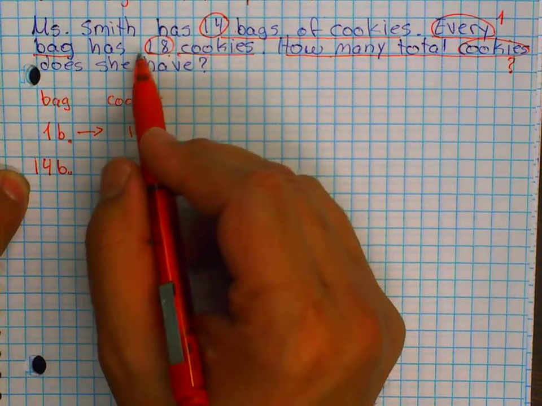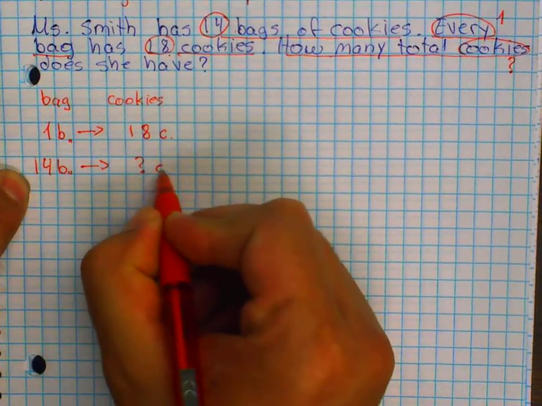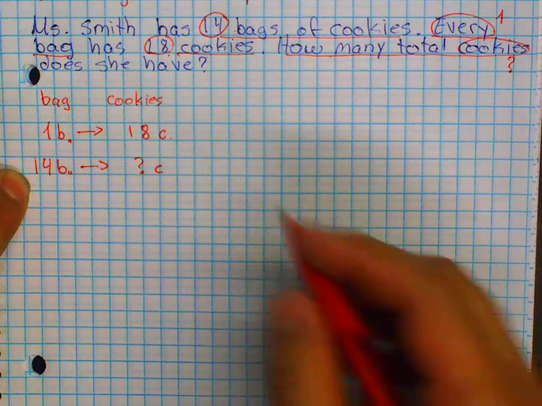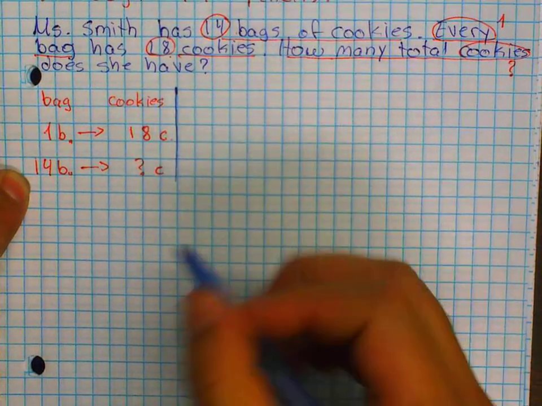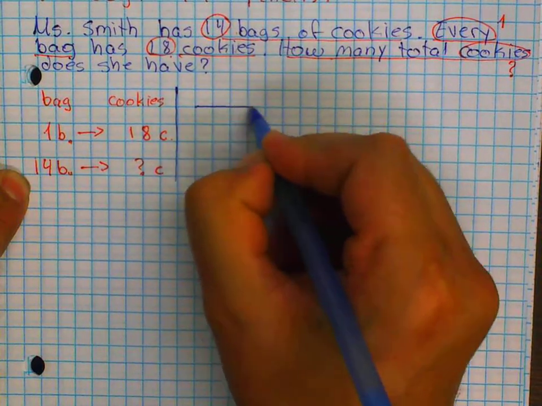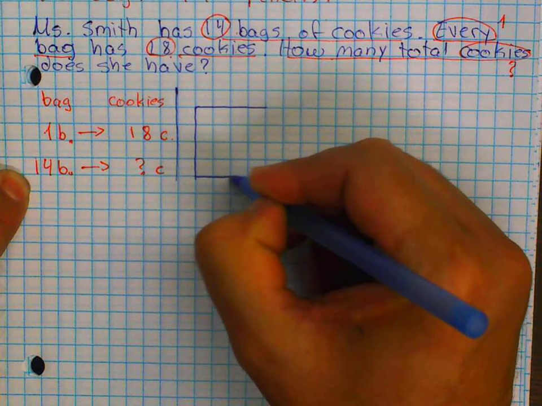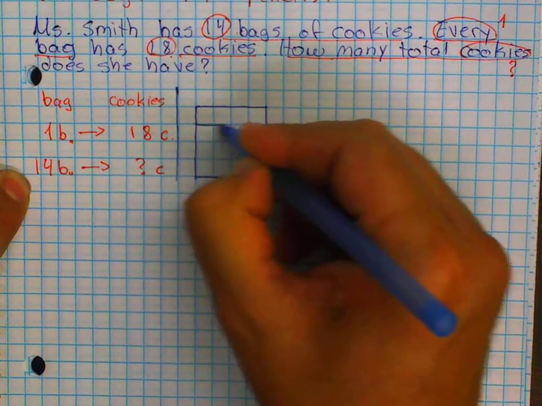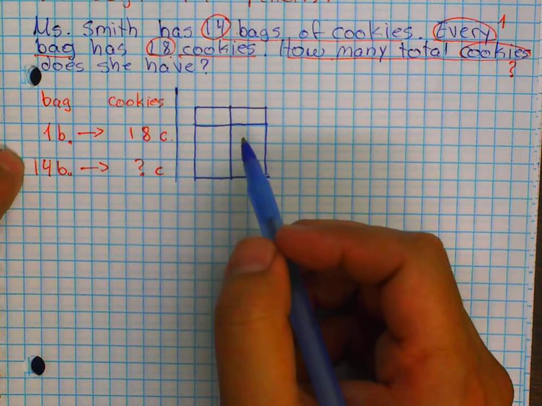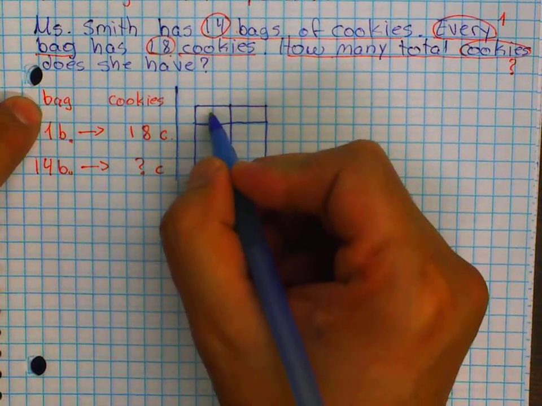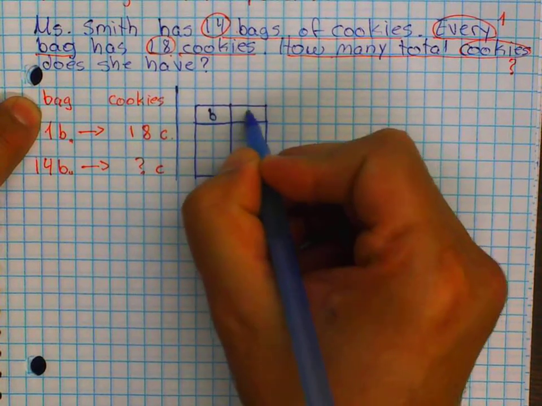Now that I know that, I can go ahead and do my relationship table, the same relationship table that we used back when we did equivalent fractions. My relationship here is between bags and cookies. I know that one bag has 18 cookies and she has 14 bags. I need to know how many cookies that is.